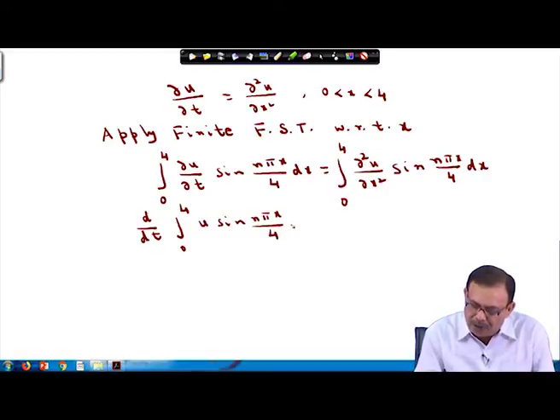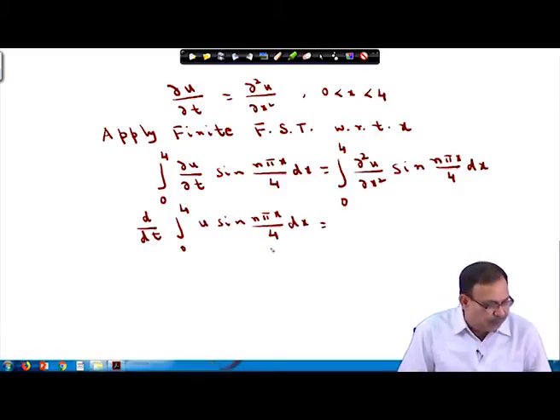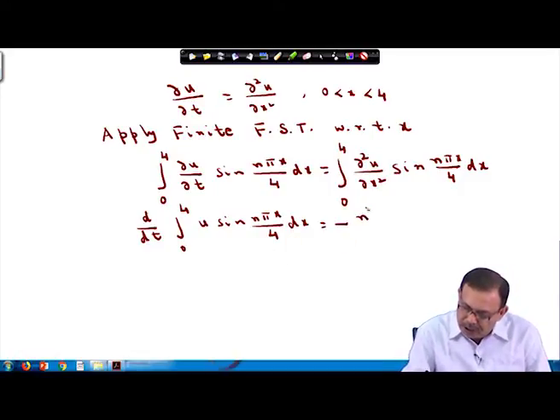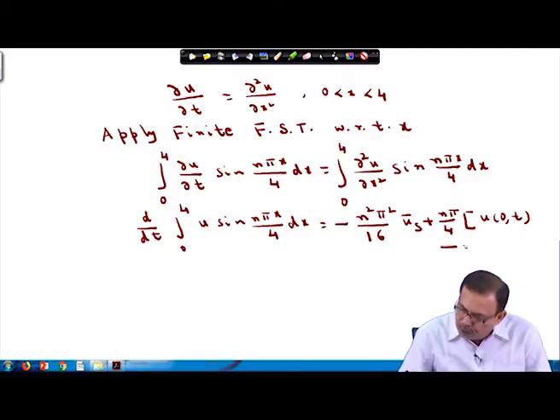I am writing d dt because the left hand side is independent of t, and the right hand side will be, from the definitions, minus n square pi square by 16 into u bar, plus n pi by 4 into u(0,t) minus u(4,0) into cos n pi.